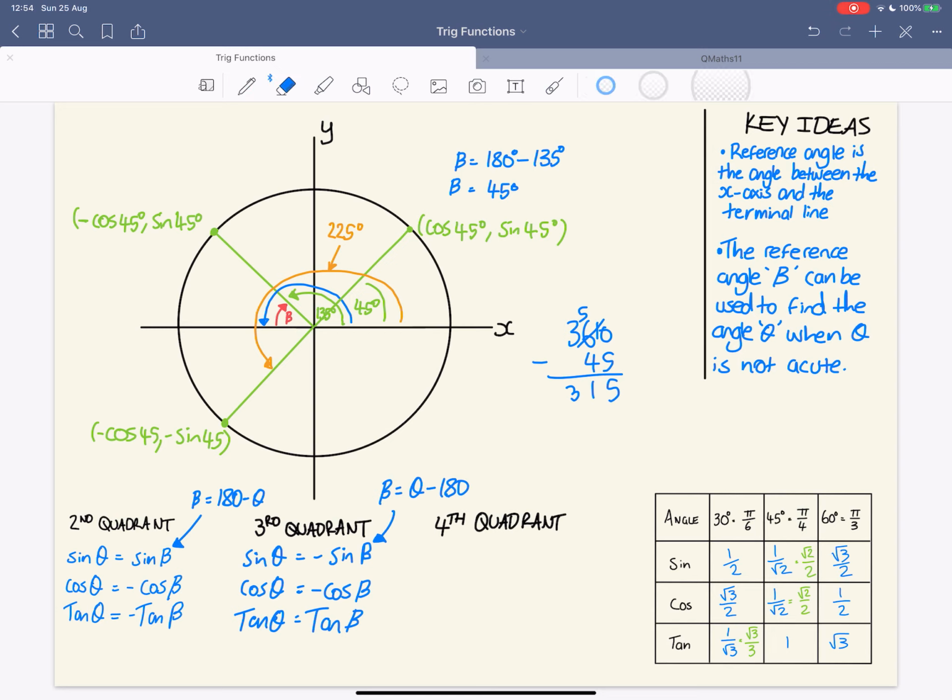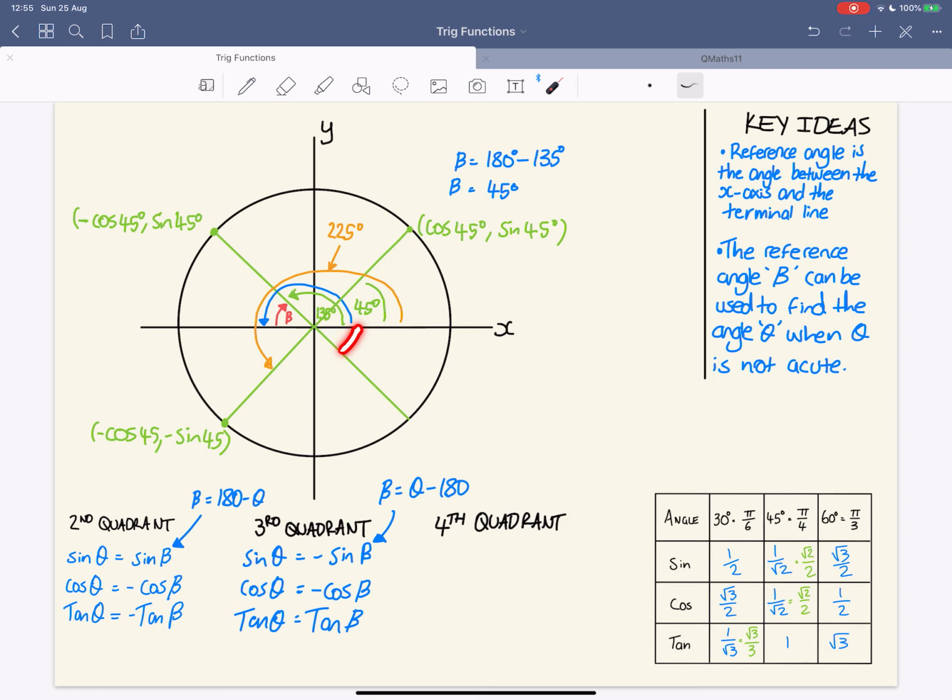Okay. So let's go ahead and make a 315 degree angle. Oh, that wasn't my straight edge, but it was still pretty straight, wasn't it? There, I'm happy with that. Now, if we talk about the size of the reference angle of this angle, it's simply the distance from the terminal line to the nearest x-axis there, right? Right there.